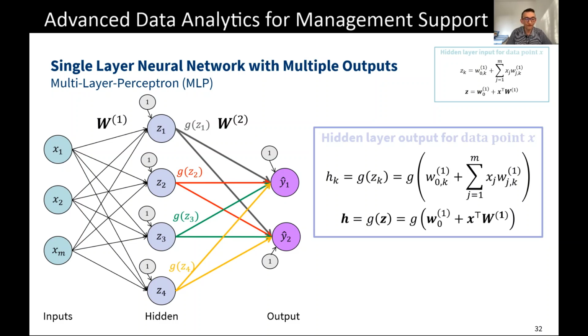And the g of that gives us a vector of the same dimension as that. I denote it by h. We can call that the hidden layer output vector. That's a useful way to think about it.